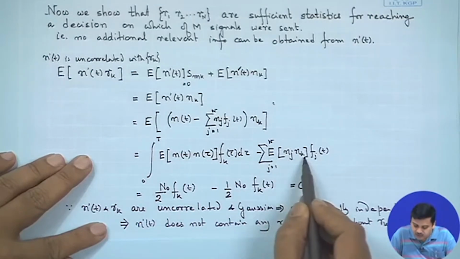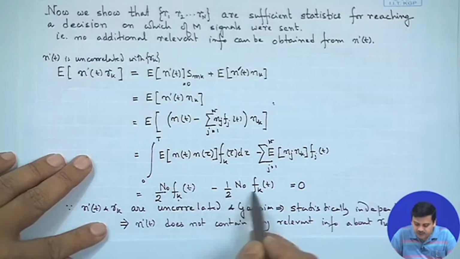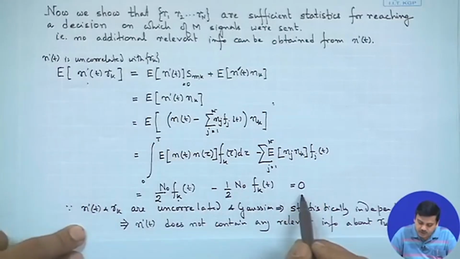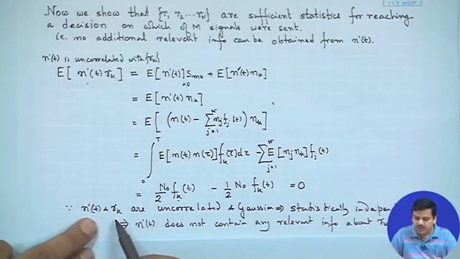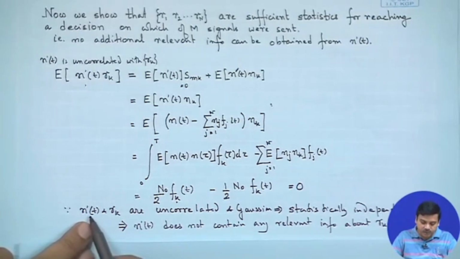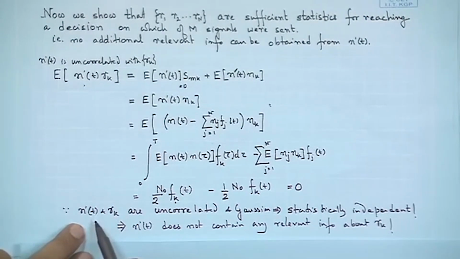That means for j equals k it is valid. So, what you are left with is n naught by 2 f k of t minus n naught by 2 f k of t again, which goes to 0. This going to 0 indicates that n prime and r k are statistically independent, and hence you do not infer any information about r k from n prime of t.